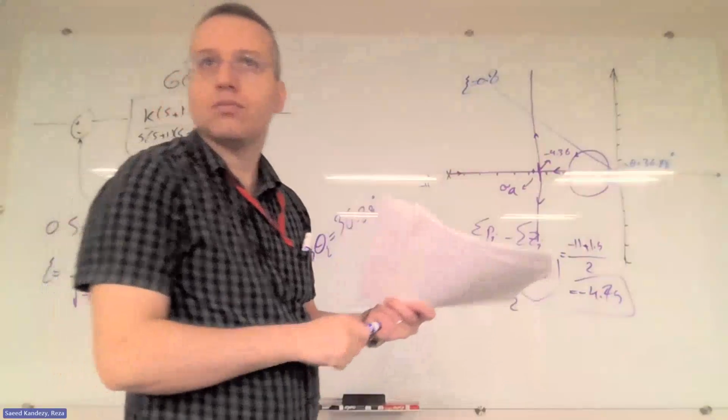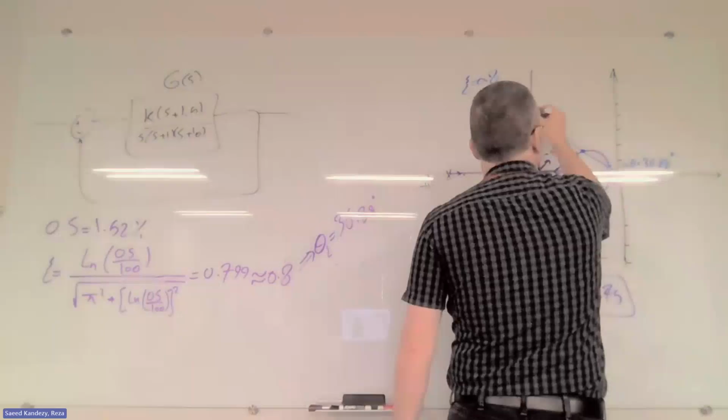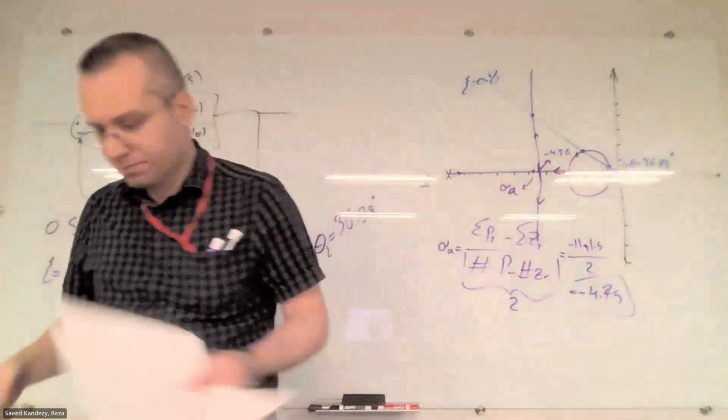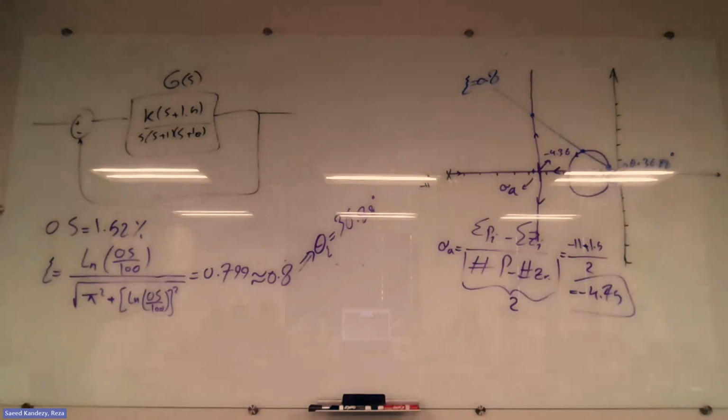We have 3 points: one here, another one here, and another one here, which we could calculate by deriving the mathematical formulation of that line and the function of the system that we have, the transfer function. We can find the intersection.